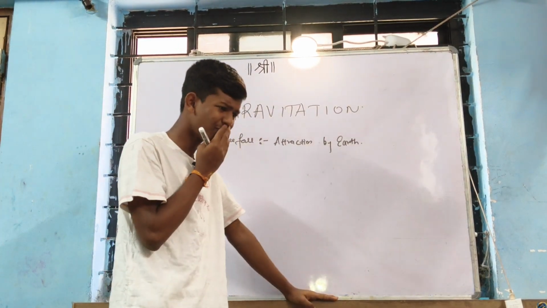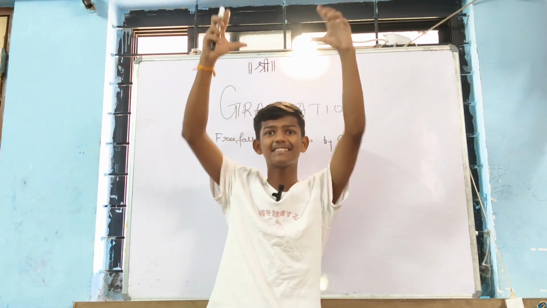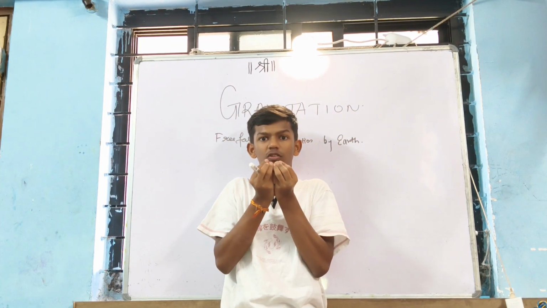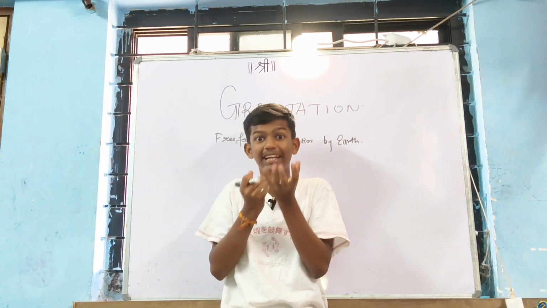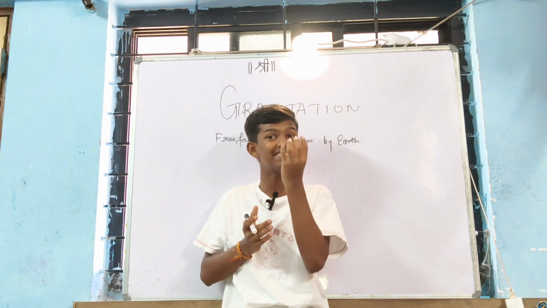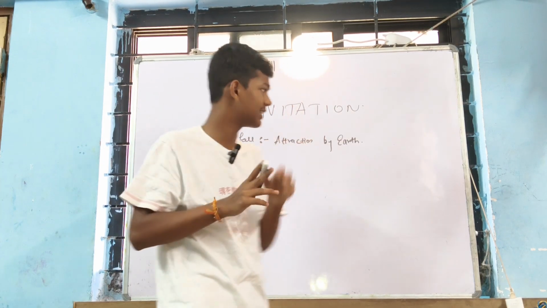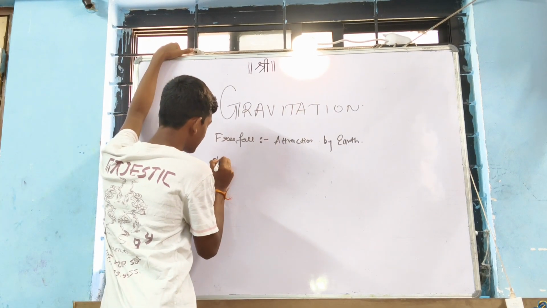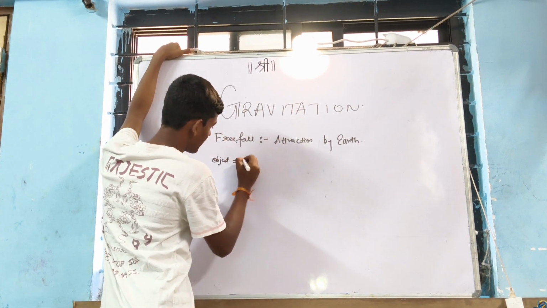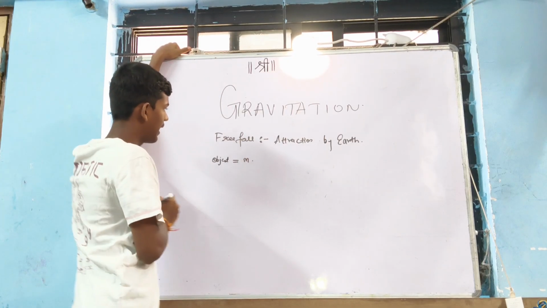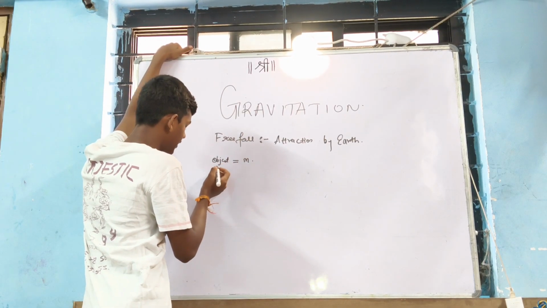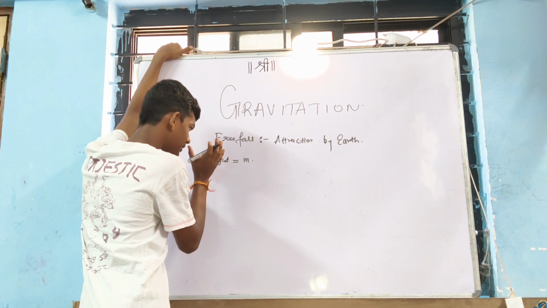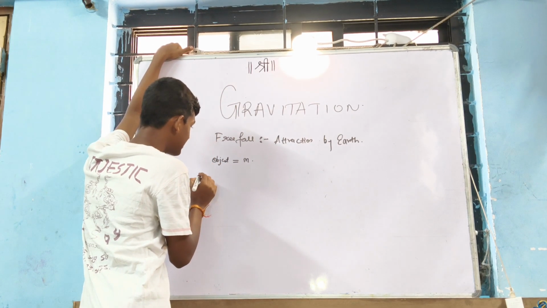See, when objects come near the Earth, the acceleration of the object increases. If an object has mass, then due to free fall the object gets accelerated, and this is known as free fall.